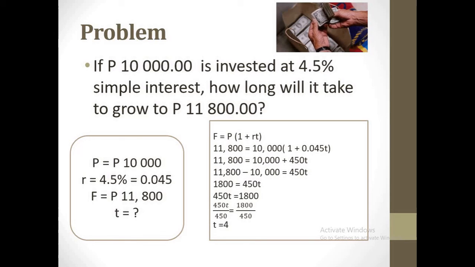So that becomes 11,800 pesos minus 10,000 pesos is equal to 450 T. So that becomes 1,800 pesos is equal to 450 T. Then by the commutative property, that becomes 450 T is equal to 1,800. Then divide both sides by 450. So 450 T over 450 is equal to 1,800 pesos divided by 450. So T there is 4. So the answer is 4 years.